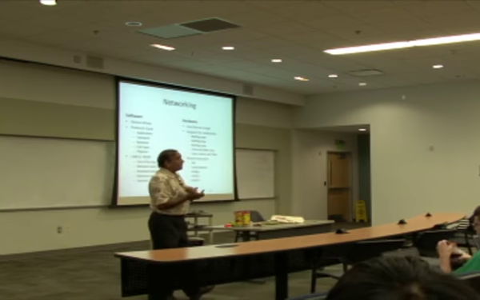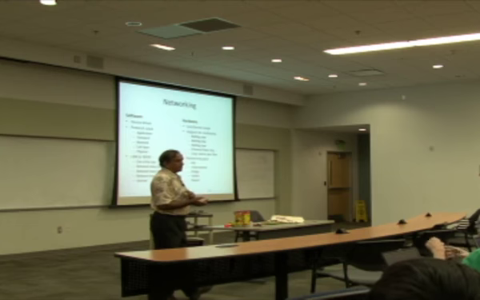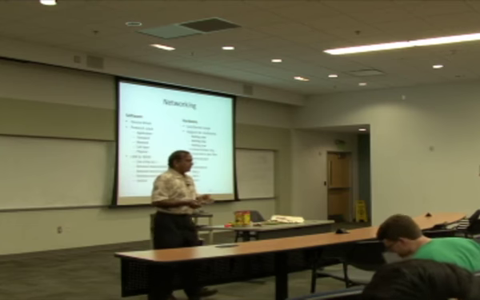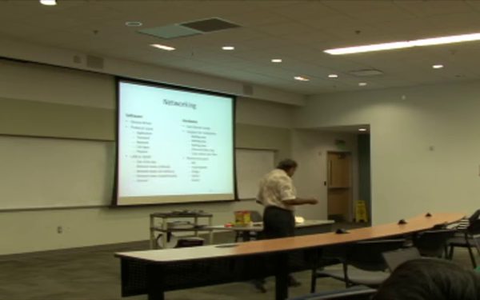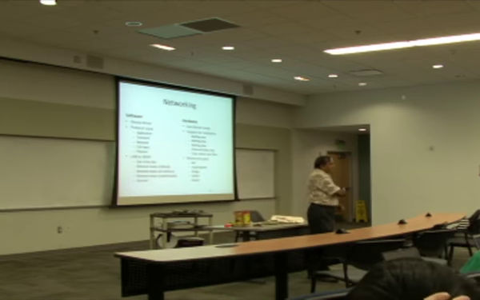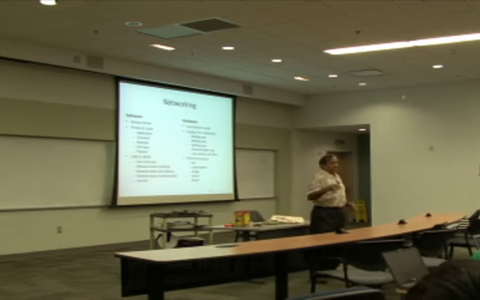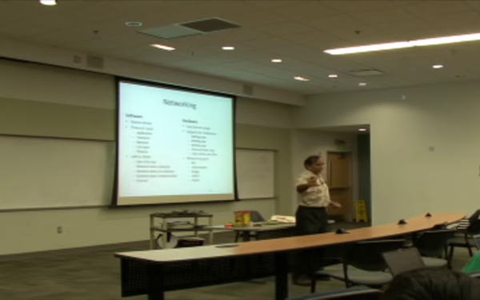The second course is 3210, which is the operating systems course. And in the operating systems course, the intent is, in 2200 we learned all the basic concepts, right? And we implemented pieces of the operating system in the different projects, like a scheduler or a memory manager or a network protocol stack.